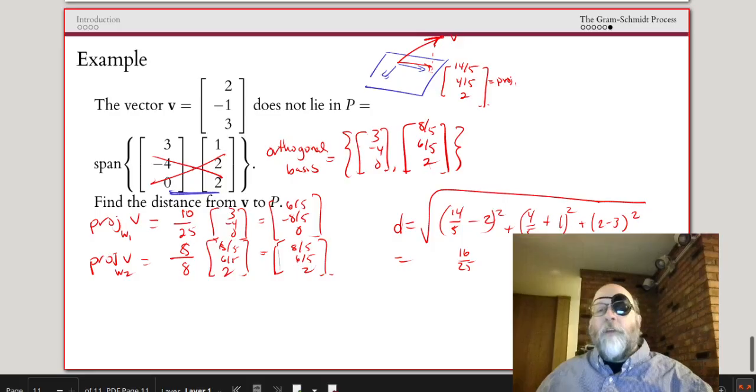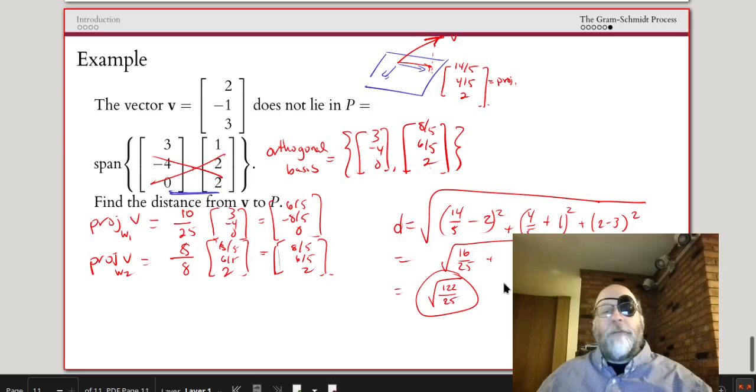And 2 minus 3 squared is just 1. All right. So 16 over 25 plus 81 over 25 is 97, plus 25 is the square root of 122 over 25. And so that is our distance.